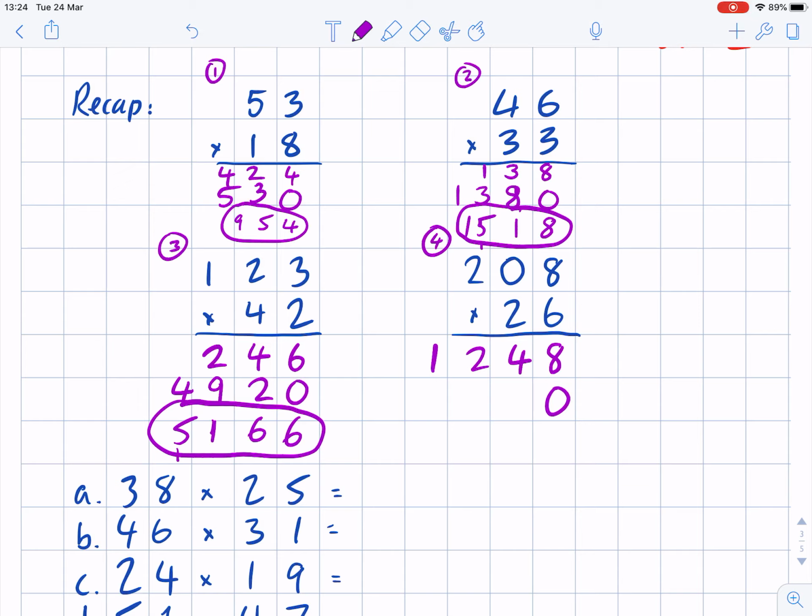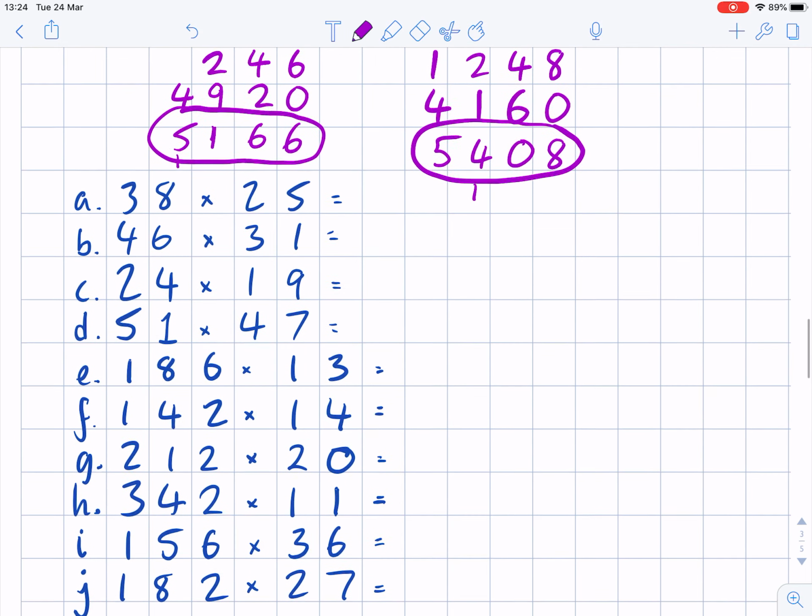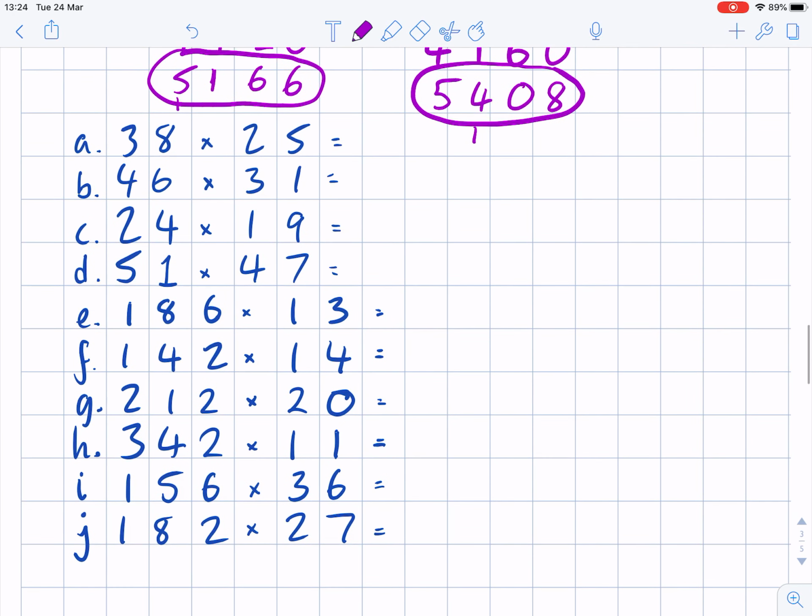I've put my placeholder in. 2 times 8 is 16. 2 times nothing is nothing, but I need to add the 1 underneath. And then 2 times 2 is 4. Adding those together, my final answer is 5,408.